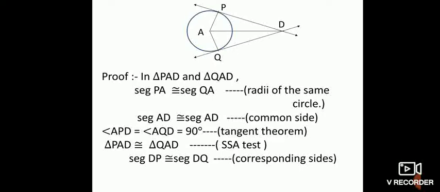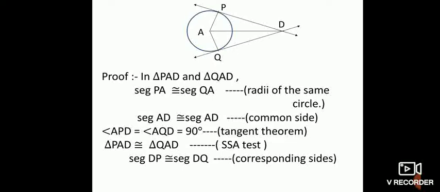Then observe the segment AD. Segment AD is the common side of both triangles, and we know that the common side of two triangles is always congruent to itself. Therefore, segment AD congruent segment AD.